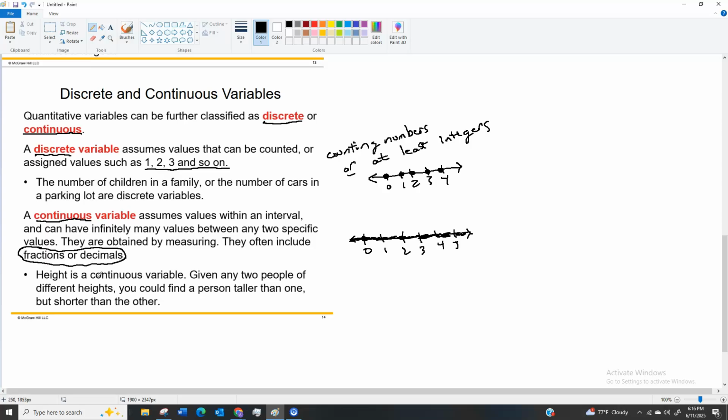So height is typically a continuous variable because you could say someone is say 62 and 1/2 inches. You don't have to stop at the nearest inch on somebody's height. Again, somebody could define it where they say, I'm going to round it to the nearest inch, and then you've made it a discrete variable. But if you're going to allow decimals or fractions, that becomes a continuous variable.